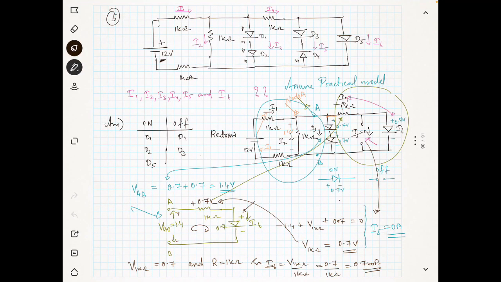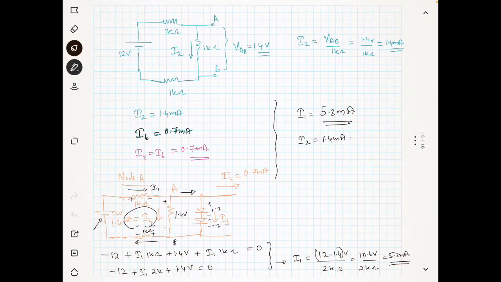Let's say this current is ia. You can find the current ia. How much will ia be? I1 is coming from here, and I2 is going down, so ia is I1 minus I2. What is I1 minus I2?